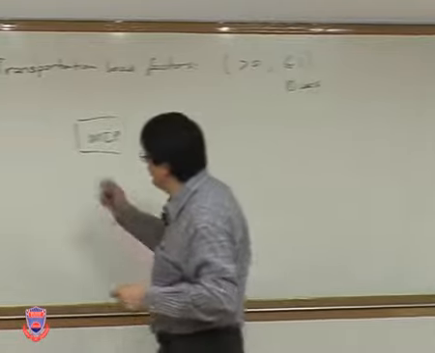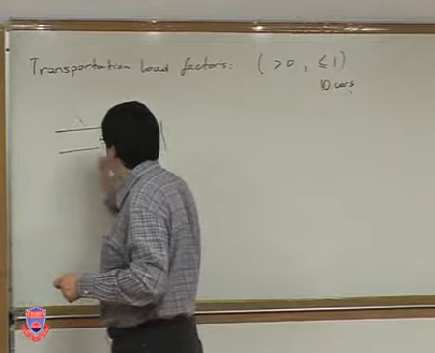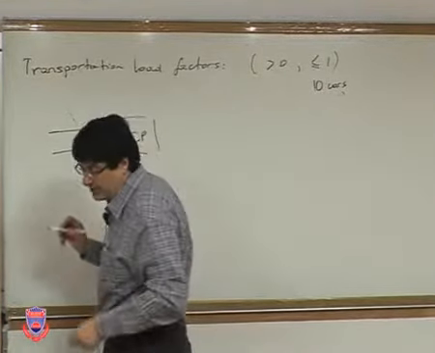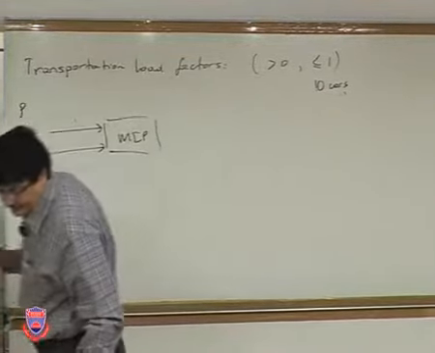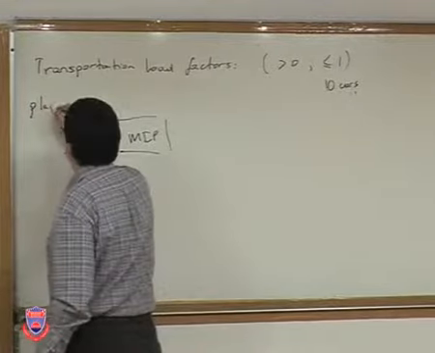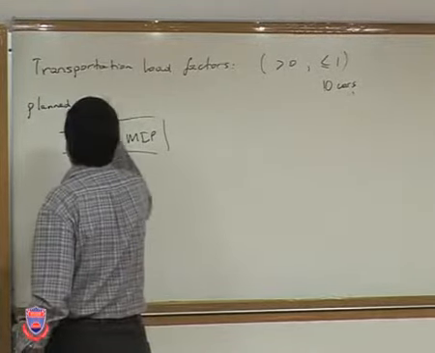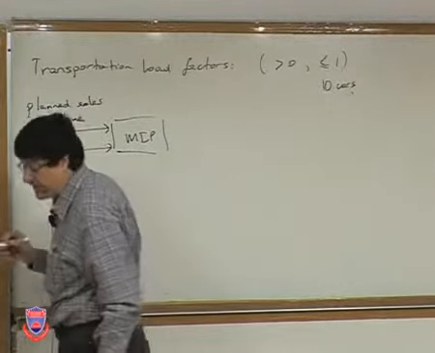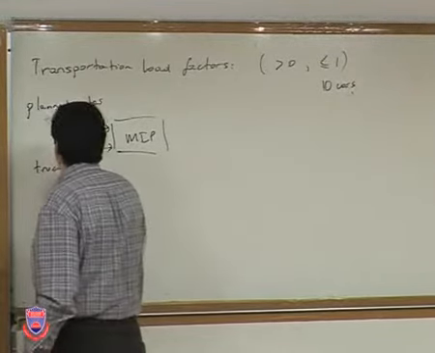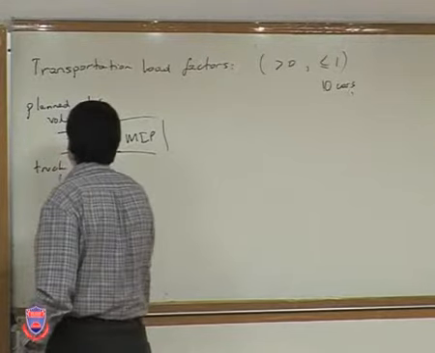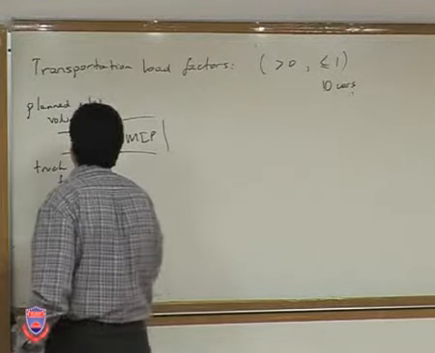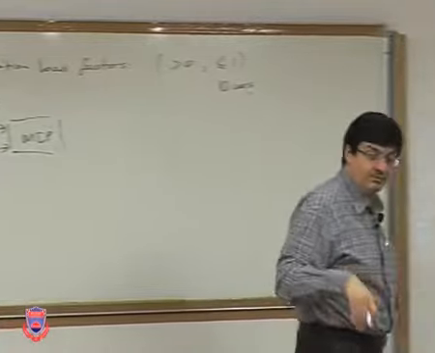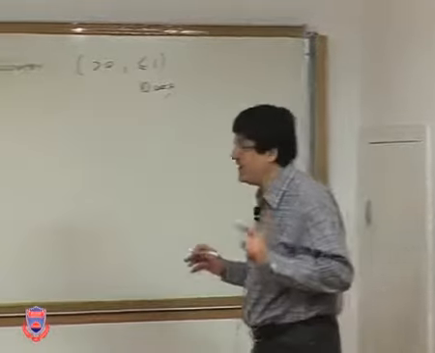Okay, so the input that we are going to have from simulation will be, number one, planned sales volume, and here we're going to have truck load factors. So this is going to come from the simulation.